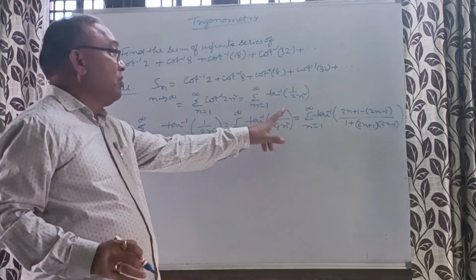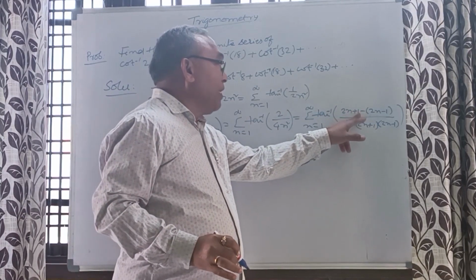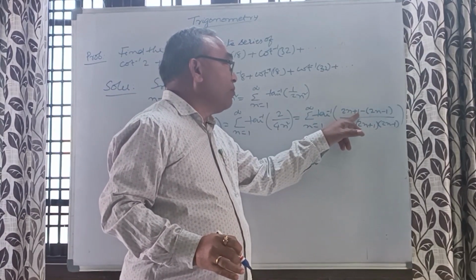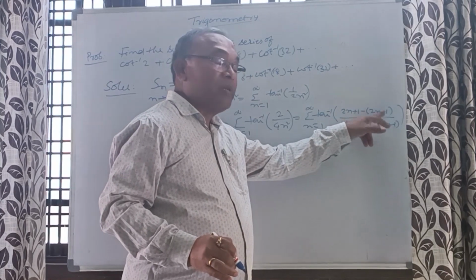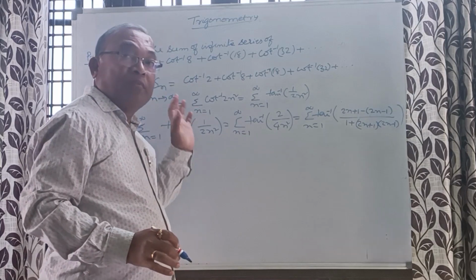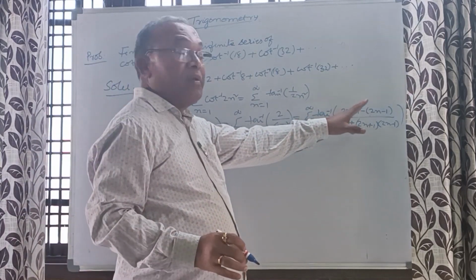Am I correct? Now you see 2: minus 1 plus 1 is 2 only. 2n gets cancelled, plus 1 and plus 1, there is no change at all. I did this using the tan a minus b formula.